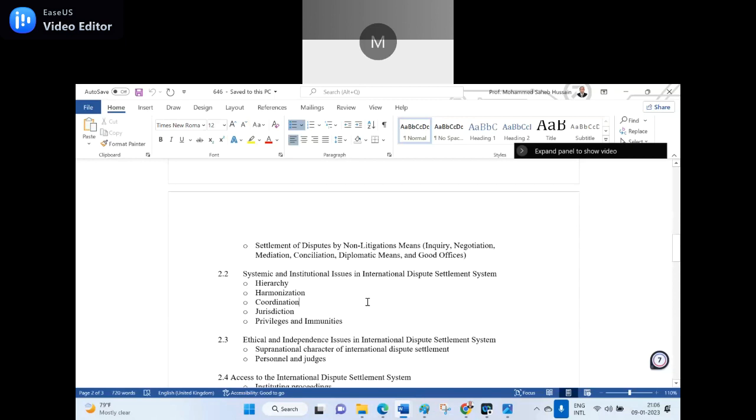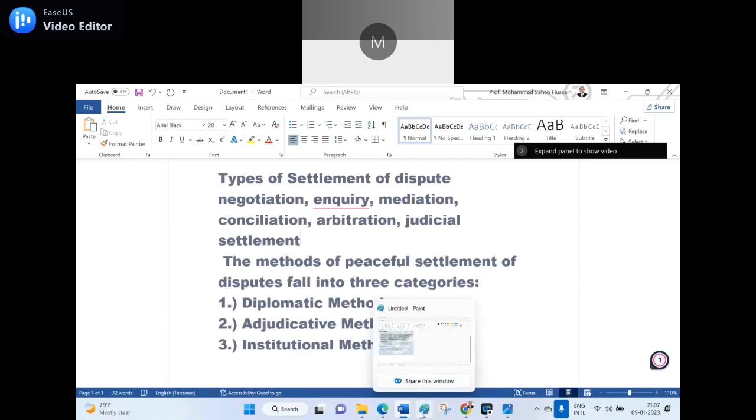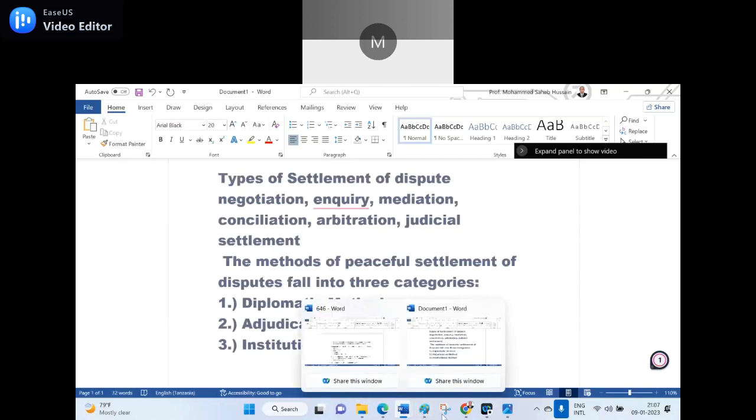When you say institutional issues in the international dispute settlement system, there we come across the regional offices, and there we have to concentrate. I will open another file.